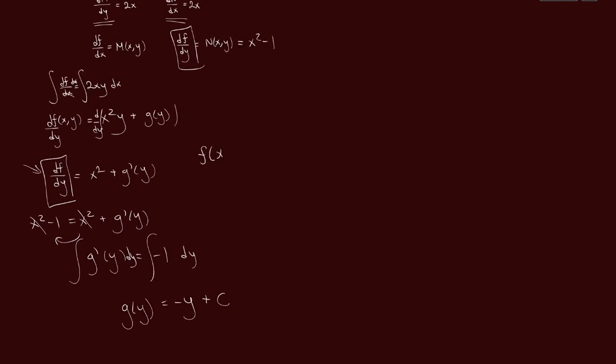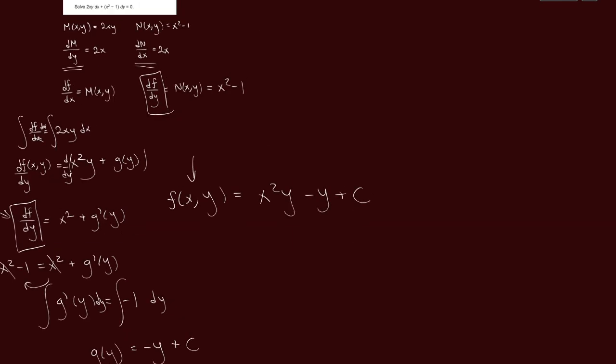Recall f of x, y was equal to x squared y plus g of y. Well, we can just plug that in here. So we'll have minus y plus c. Now we're going to set this equal to 0.